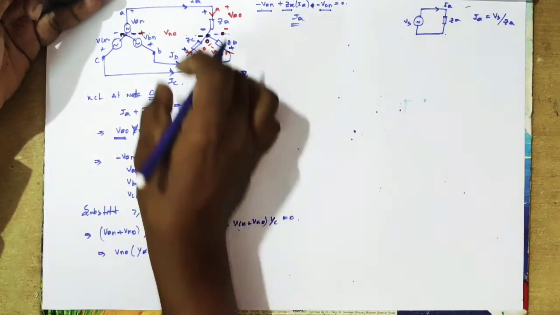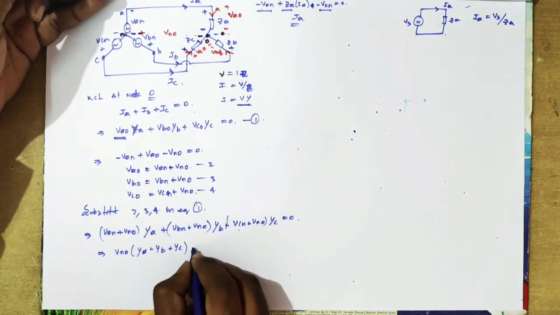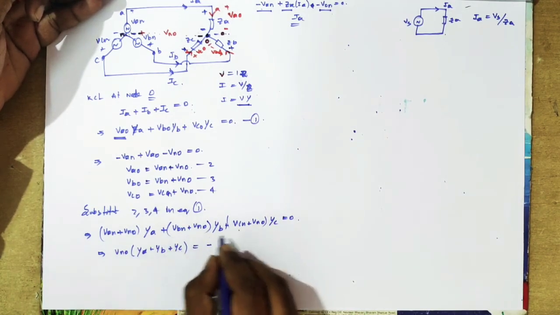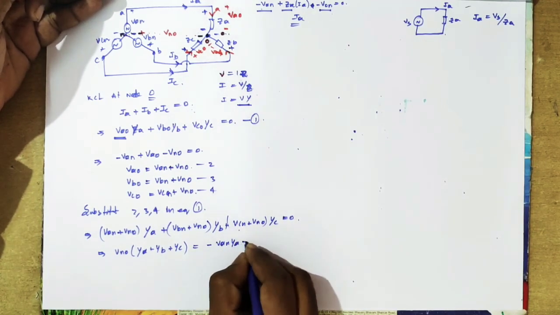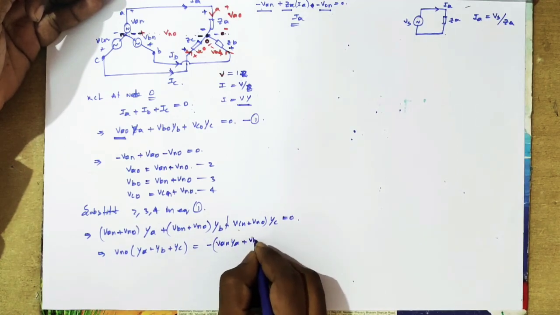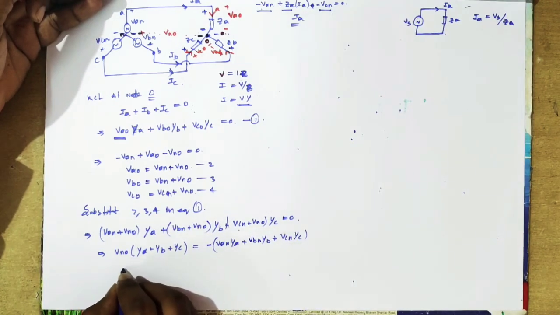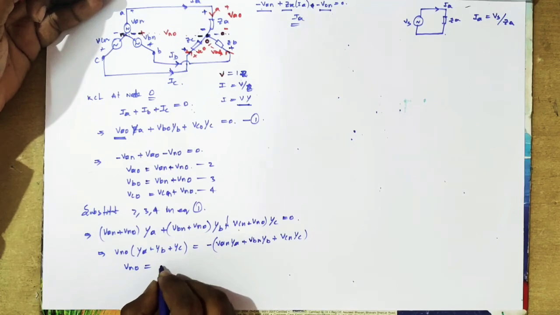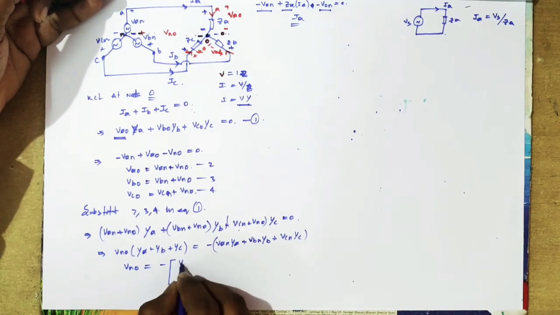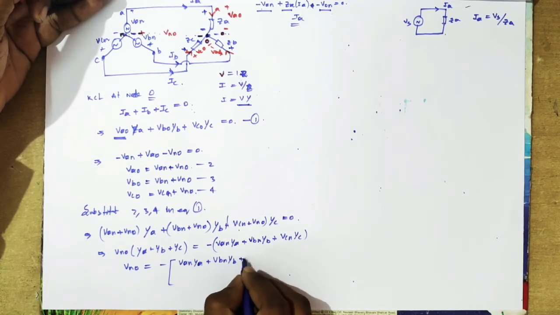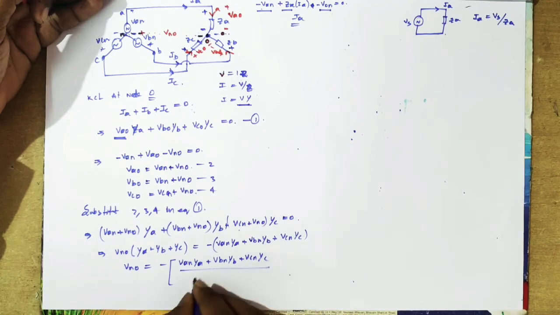Our aim is to find VNO. Taking VAN, VBN, VCN to the other side, VNO equals minus of (VAN YA plus VBN YB plus VCN YC) by (YA plus YB plus YC).